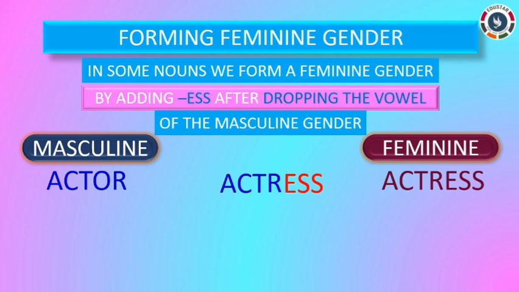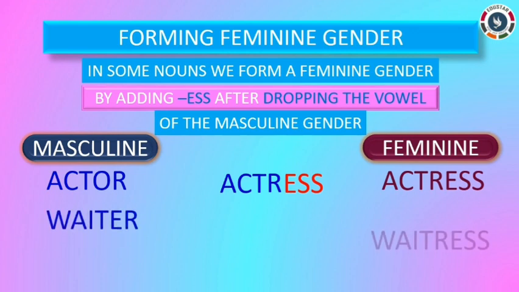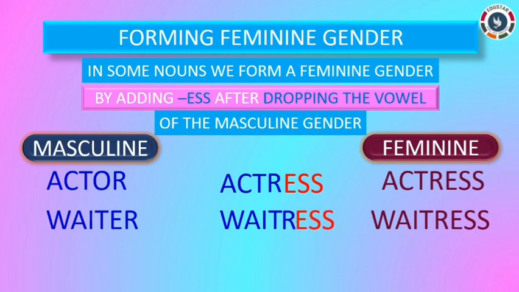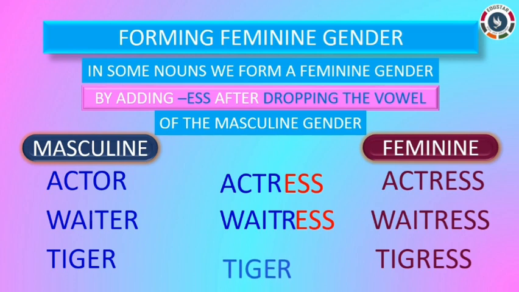Another example, waiter, waitress. Here also, we drop the last vowel E and add ess. One more example, tiger, tigress. Here also, we drop the vowel E and add ess.